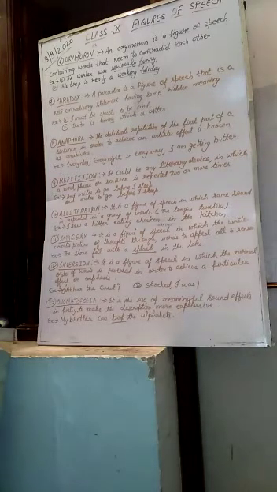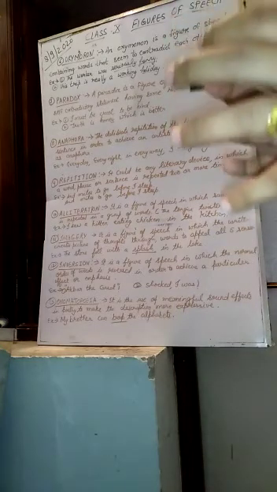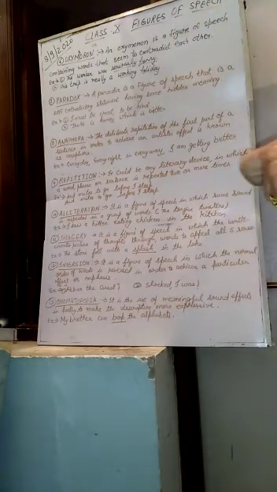Next is alliteration. It is a figure of speech in which the same sound is repeated in a group of words. Same sound means the words are not actually the same. Their meaning is not the same, but the sound is repeated. Mainly the tongue twisters are good examples of alliteration.